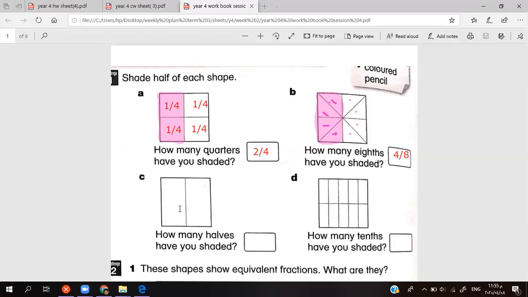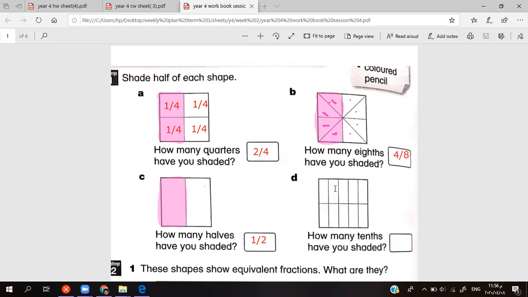Okay, let me go here. I'll shade also half the shape because this is what he wanted me to do. How many halves? Only one half, right? So only one half, which is a half.